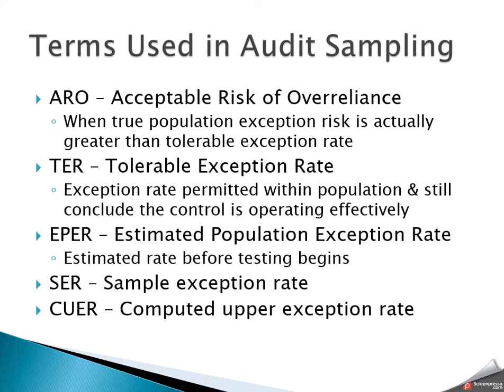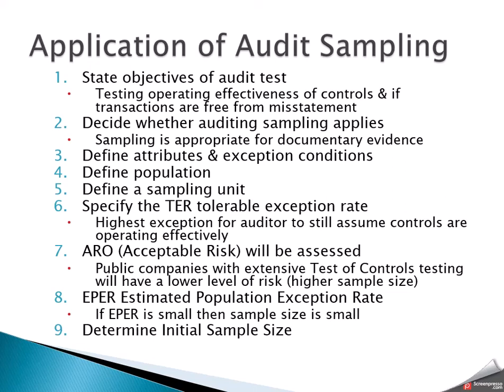And then the computed upper exception rate is the highest estimated exception rate in the population at a given ARO, or acceptable risk of over-reliance. So again, those are ones to understand the definition, and then understand the abbreviations, if you have them in any of your homework or questions, just knowing what they mean.